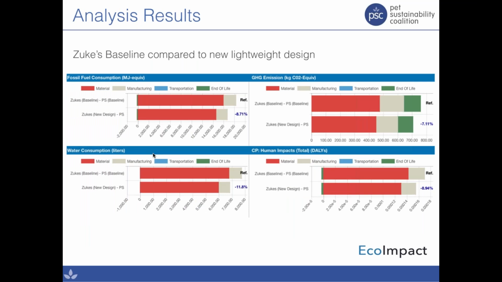Once we had the baseline modeled and a starting point, that's when the sustainability strategy was really applied. In this case, the biggest impact came from lightweighting the primary package. Zoox and Excel were able to work together to redesign this package so that it was using less material, but it was still holding the same amount of dog food.